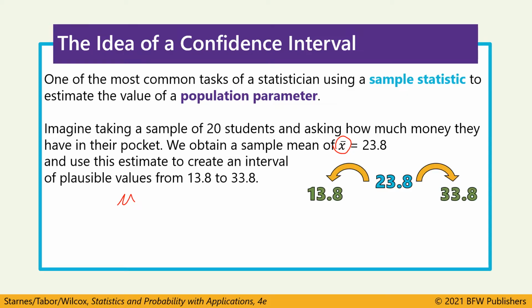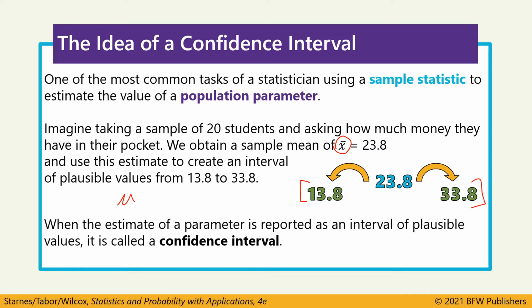Now, the plausible values are going to be a range where we say we think that if we went out and surveyed all students, the average amount of money they would have in their pockets is somewhere in the range of $13.8 to $33.8. We estimate this parameter in what's called a confidence interval.